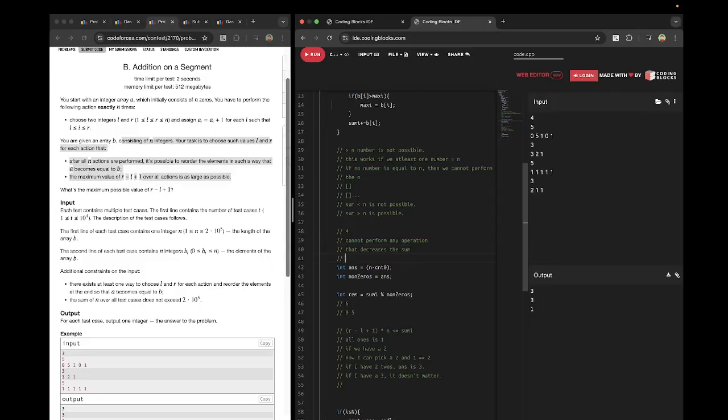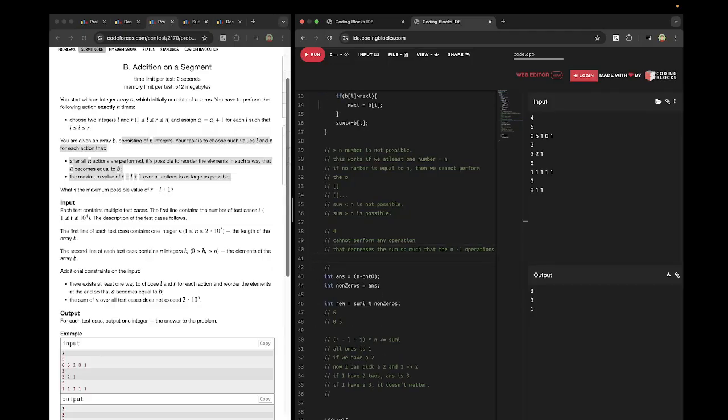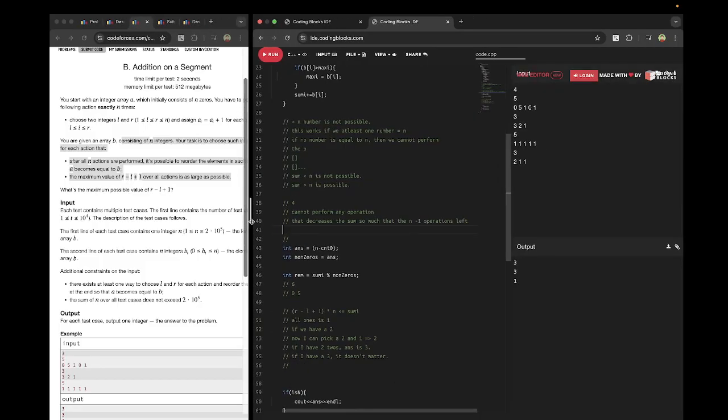So 10 minus 1 operations left. Cannot even be performed once.